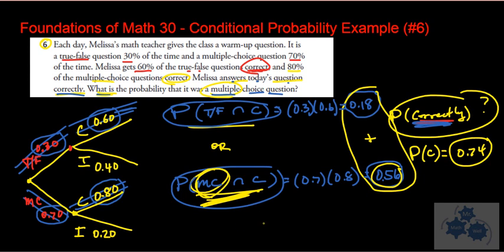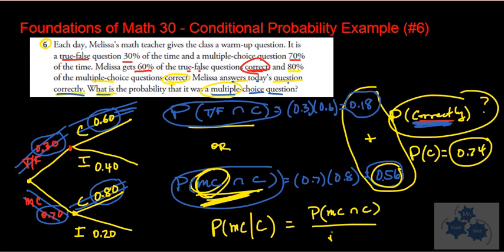So for the final part, we can go to our formula, can't we? What's the probability that she gets a multiple choice question, given that today's question was correct? We could write that as the probability that she gets a multiple choice question and correct, divided by the probability of correct. Now we have all that information, and that formula is not too scary.